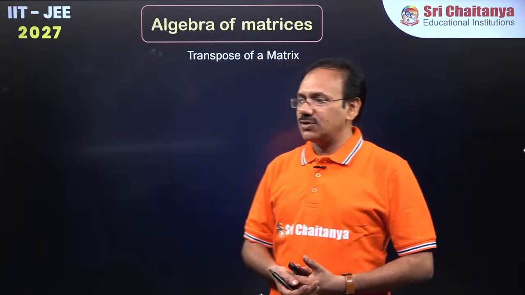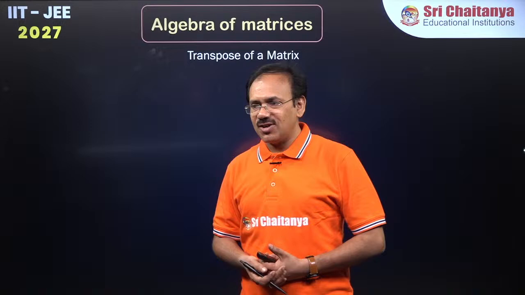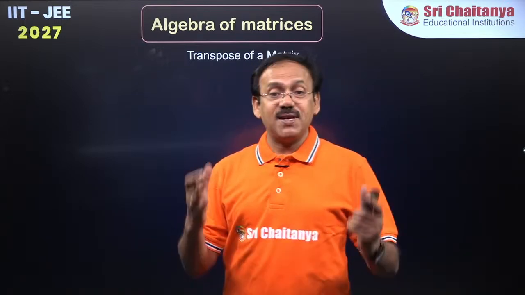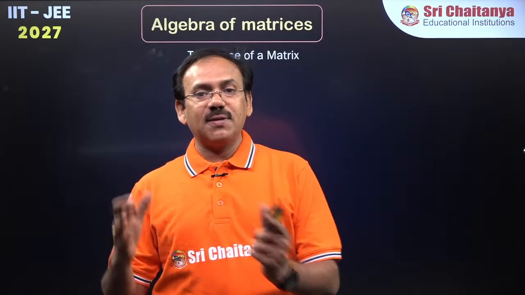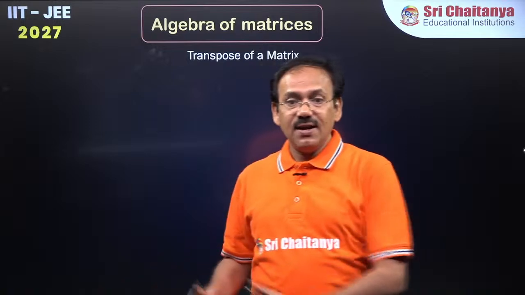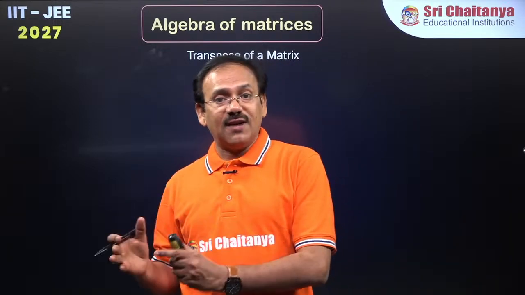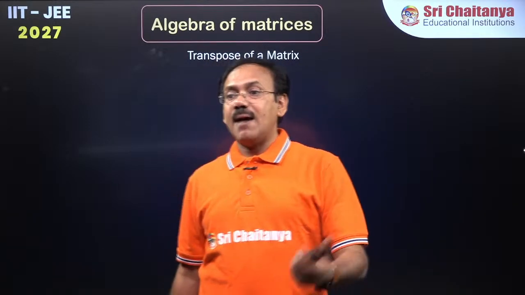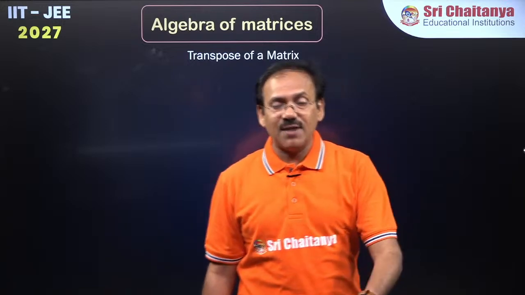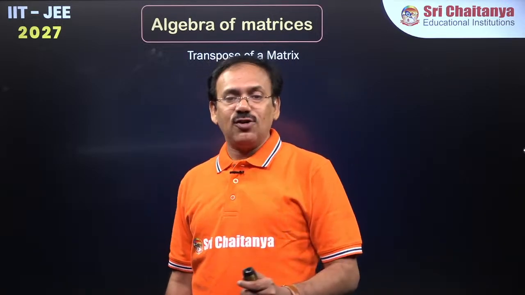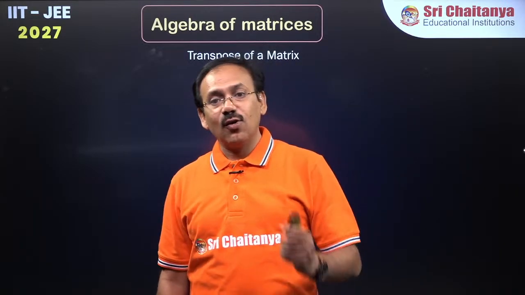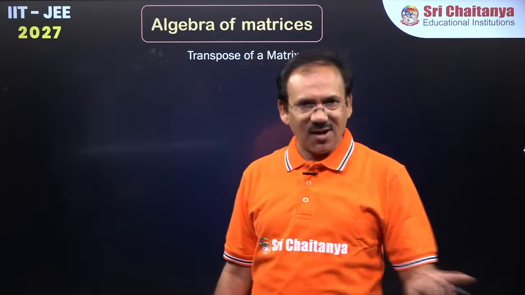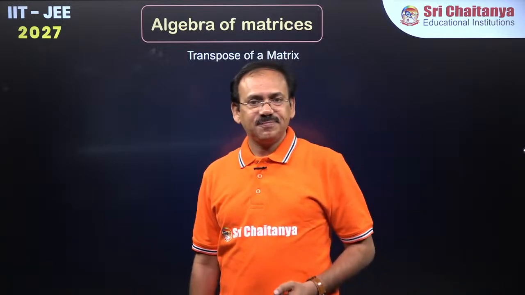The number of rows versus columns gives the order of the matrix. Types of matrices based on order. Suppose the matrix order is m by n. If m is not equal to n, we call it rectangular. If m is equal to n, we call it a square matrix. If there is only one row, we call it a row matrix. Only one column, we call it a column matrix, right?